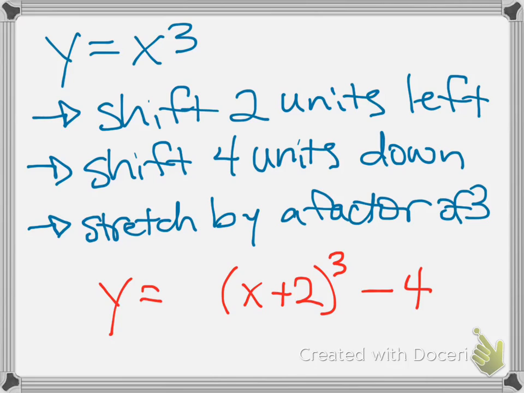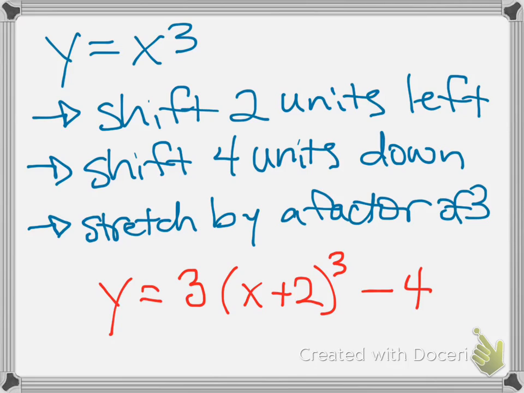And then finally, if we want to stretch by a factor of 3, that was our a value from the general form we saw on the last slide, so that 3 is going to go up front. If it's a stretch or a compression, that means that we need to be multiplying by that factor. So here's our transformed cubic polynomial, 3 times the quantity x plus 2 cubed minus 4.